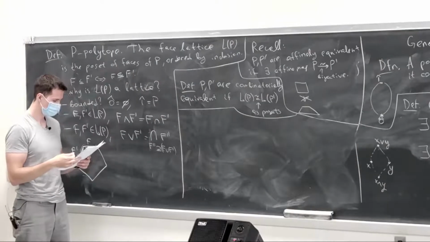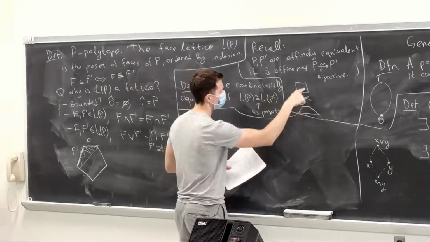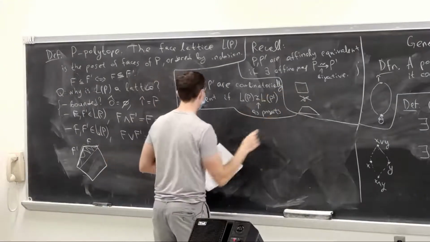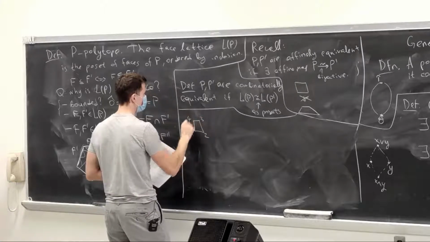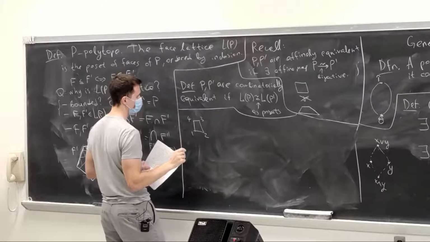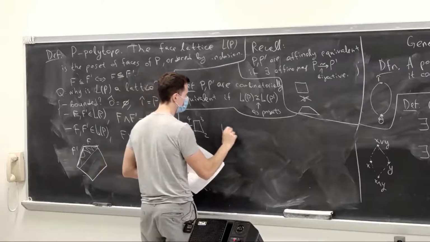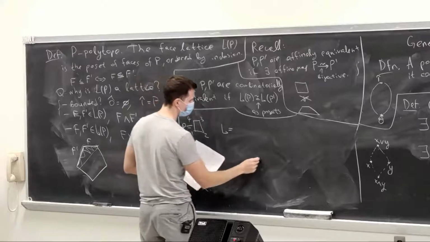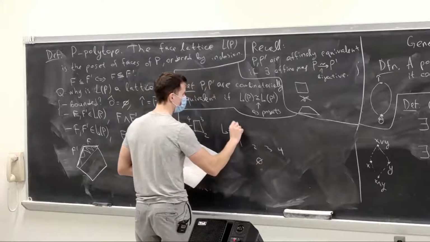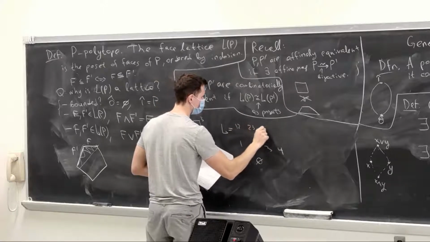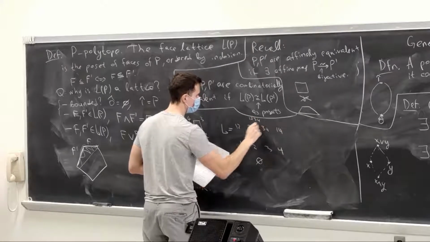So let's just take one example: the square, and I label the vertices 1, 2, 3, and 4, and then I want to draw the face lattice. The face lattice looks like this: the empty set, 4 vertices, 4 edges, and the whole polytope.